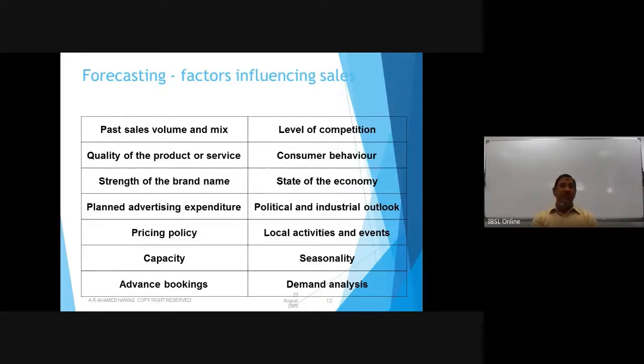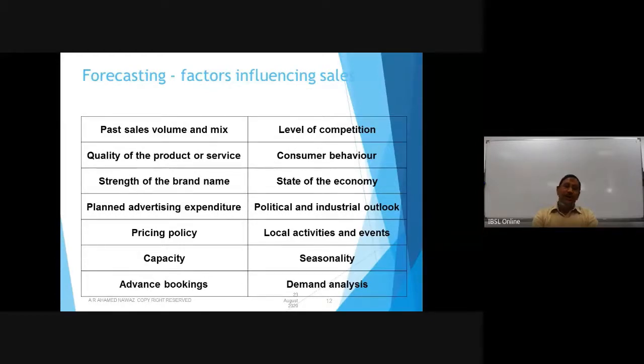Our NPA increased last year. Generally, each and every bank has faced these difficulties. To improve the business environment, the economy must be strong and moving forward.